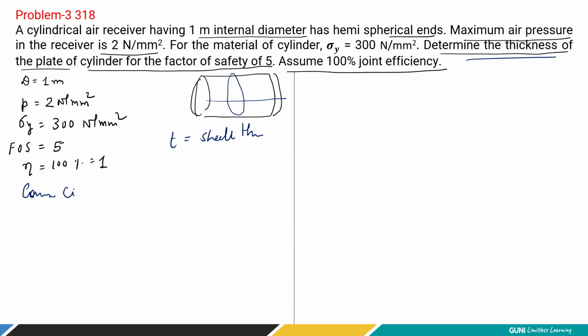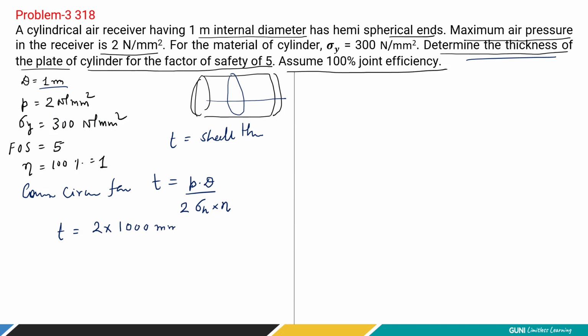considering circumferential failure. So shell thickness T is equal to P into D divided by 2 into hoop stress into joint efficiency. Now here joint efficiency is 100%. So let's replace the values. That is, shell thickness T is equal to pressure 2, diameter is given as 1 meter, so let's convert into millimeter, which is 1000 millimeter.